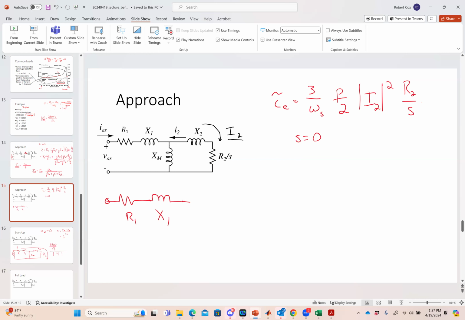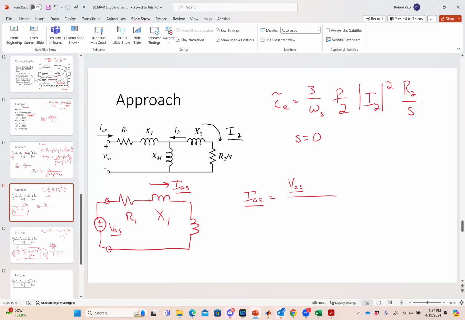What do I do when S is equal to 0? I have an open circuit over there on the secondary side. So now I just have my XM, and I've got my voltage source VAS here, and then IAS flows into it. So IAS is equal to VAS divided by all that stuff.